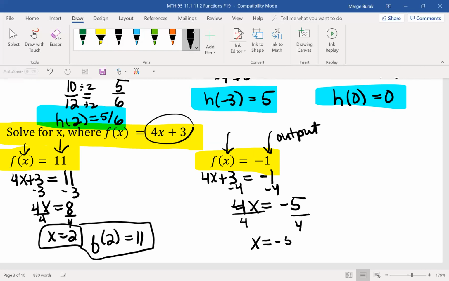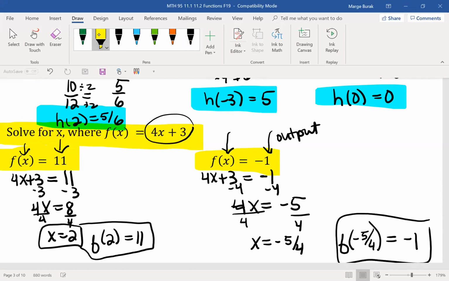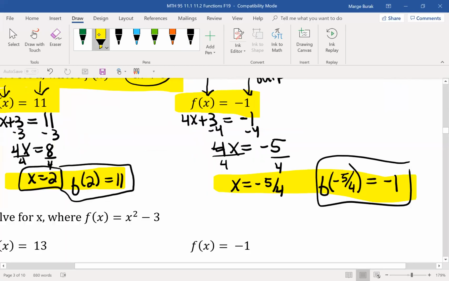X equals negative 5/4, or f of negative 5/4 will come out to be negative 1. Okay, so this is different. This one, they give us the output and we have to find the input.